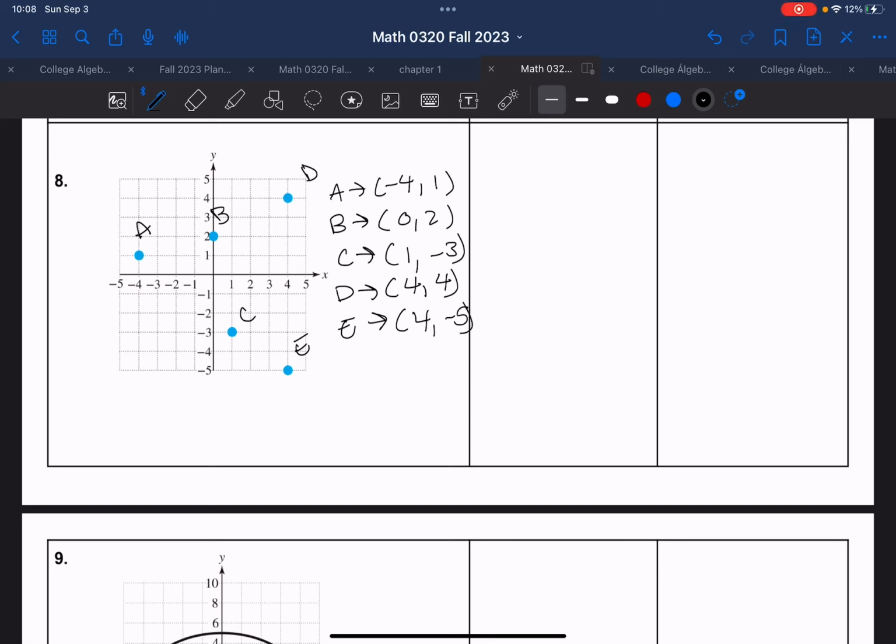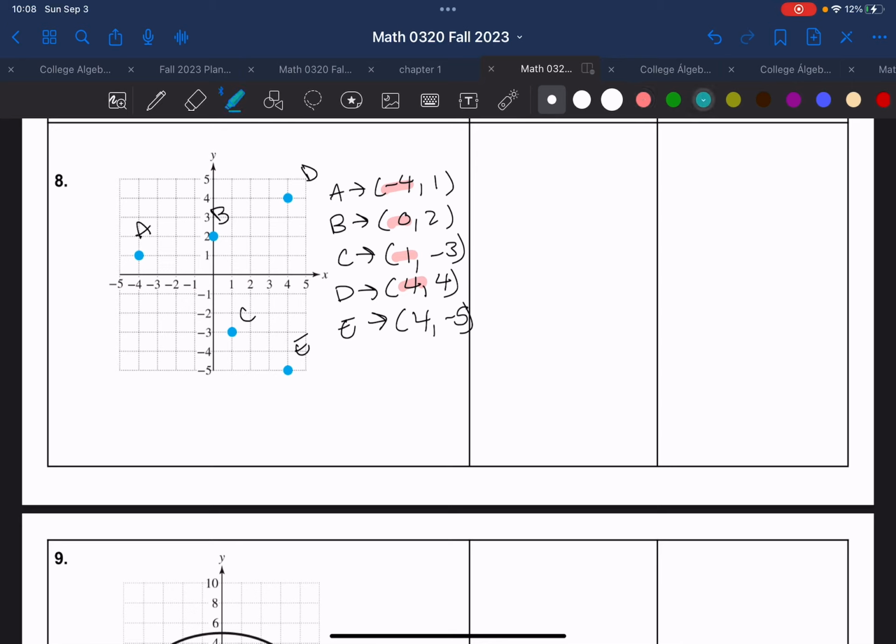Again, remember I'm looking at the x values, then I'm looking at the y values. So first, looking at my x values, I have negative 4, 0, 1, 4, and since that second 4 repeats, I'm not going to highlight it.